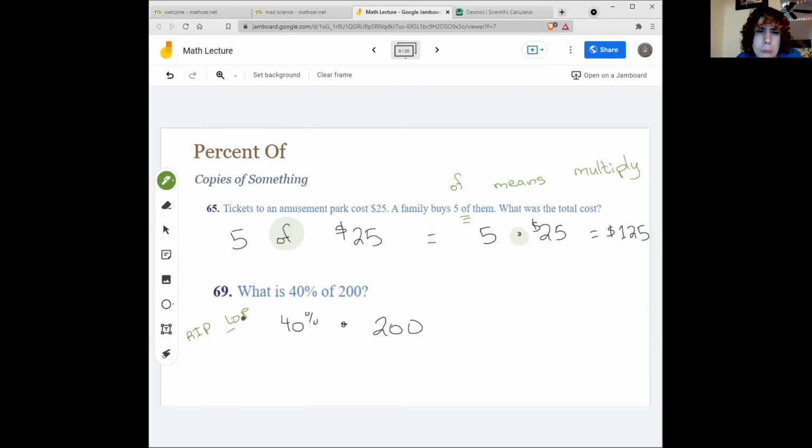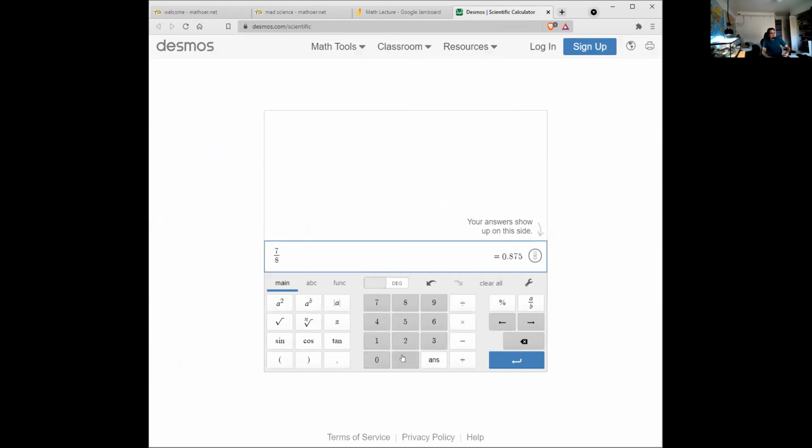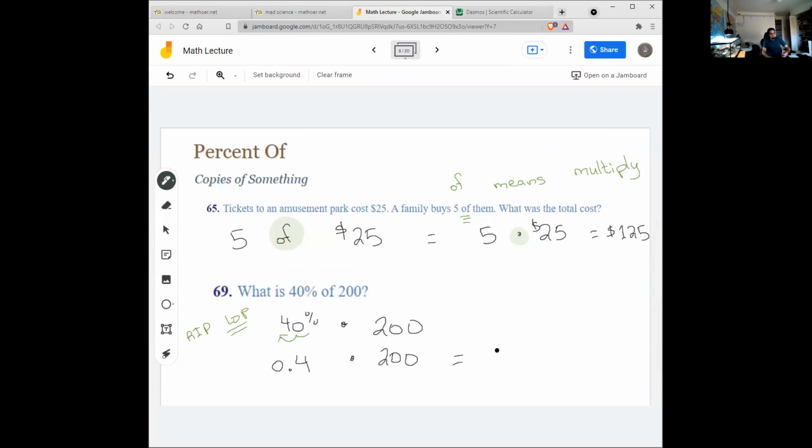Out. So we'll go to the left. So 0.4 times 200. Oops, get rid of that. 80. And we got our answer. So of means multiply. That's the lesson for this line.